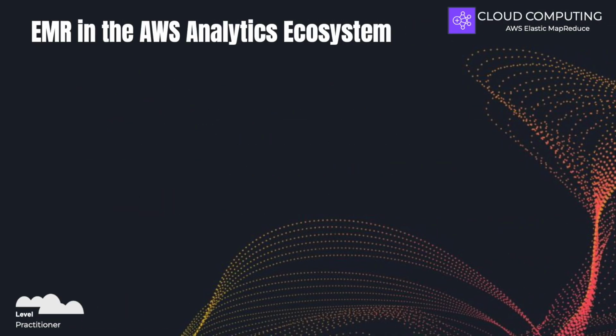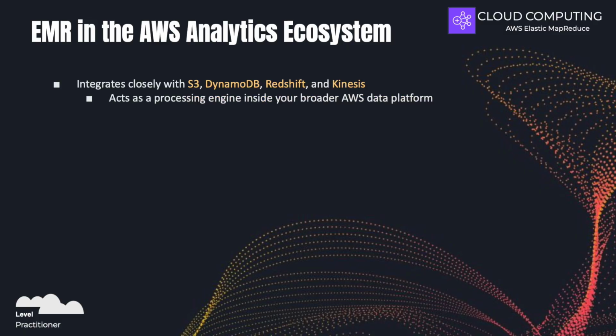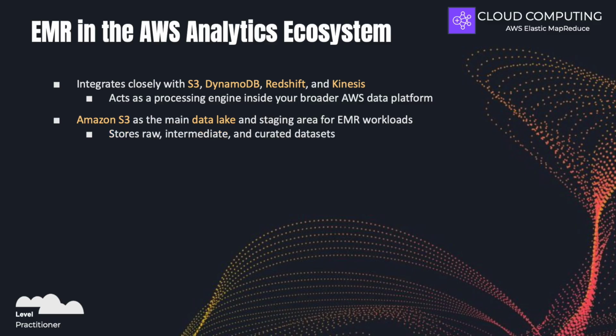One of the other important things you should know about EMR is that it is tightly integrated with the rest of the AWS Analytics stack, with Amazon S3 serving as the most common source and destination and often acting as the central data lake for raw and processed data. Beyond S3, EMR can also read from and write to DynamoDB tables when you need large-scale transformations around NoSQL data.